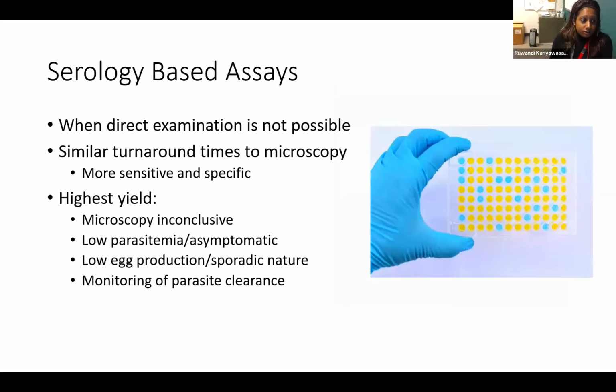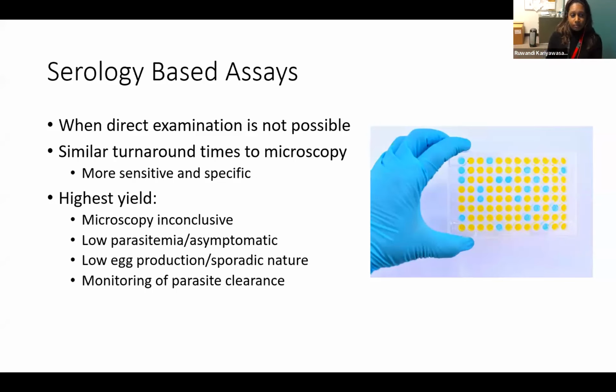Now there are serological-based assays, and this is typically used when you can't perform microscopy or direct examination, so to speak. In terms of turnaround time, like microscopy, it can be quick if you do have the assay available on hand. It is more sensitive and specific, and the highest yield of these serological-based assays is when your microscopy is inconclusive.